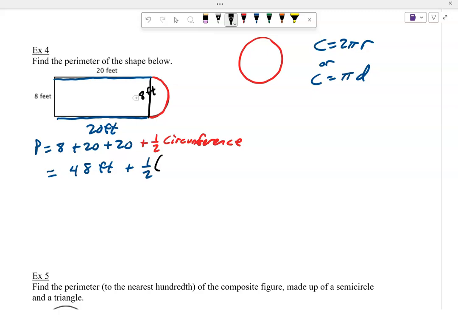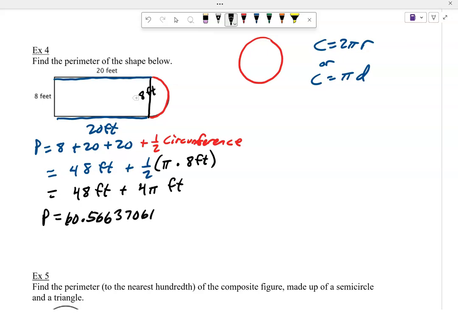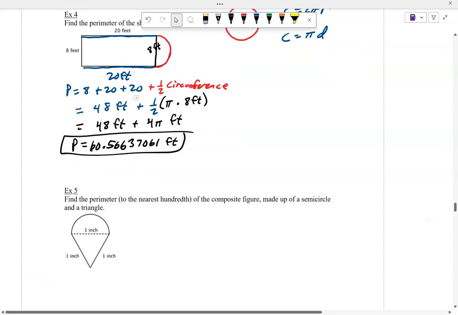So it's a 1/2 pi times the diameter of 8 feet. So it looks like I got 48 feet plus 8 pi divided by 2 is a 4 pi feet. So I punch that in, I get 60.5663761 feet. Of course, I could round that if I want to.